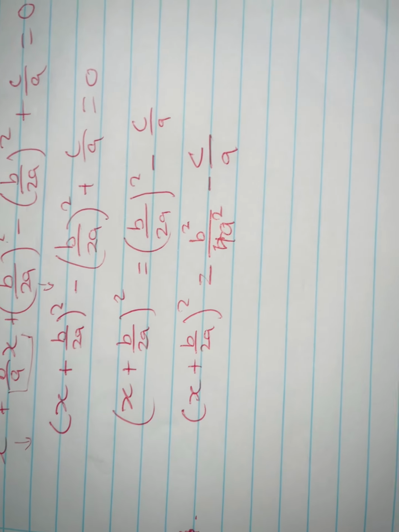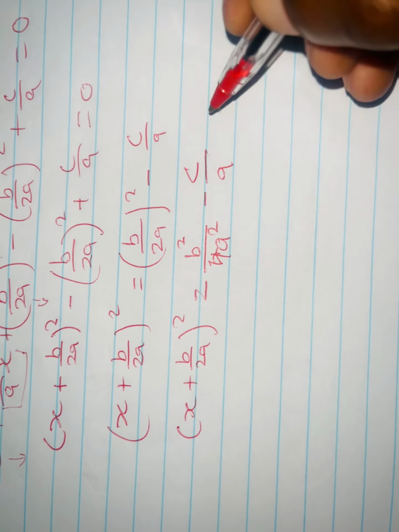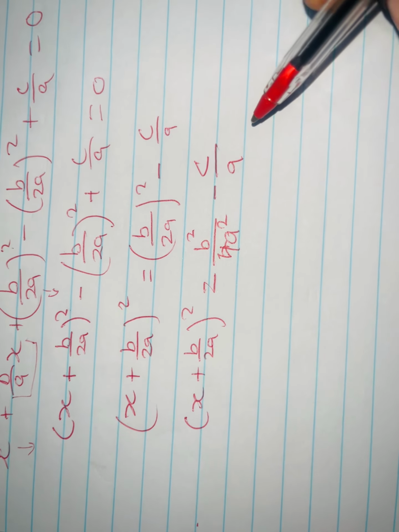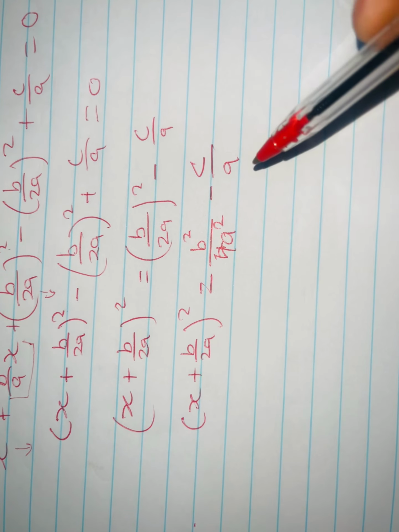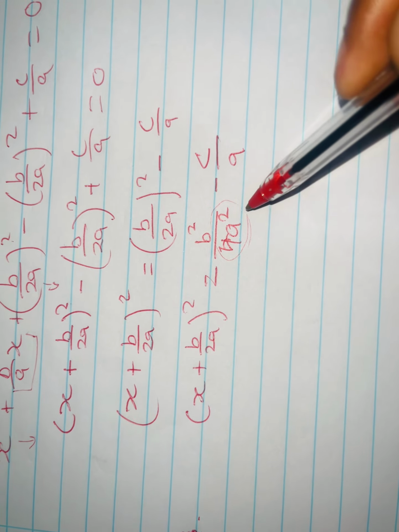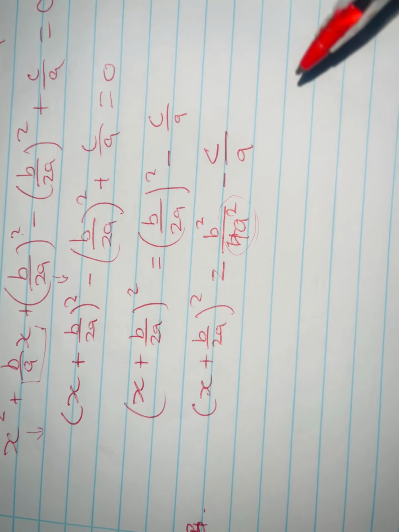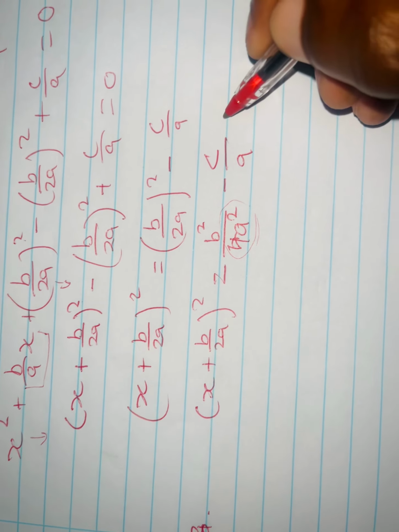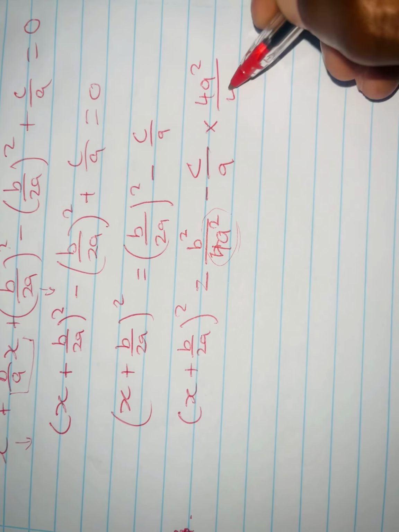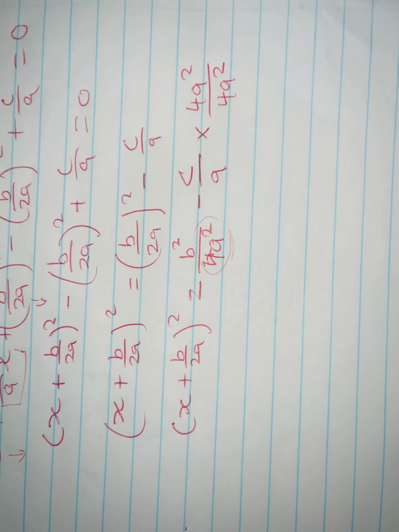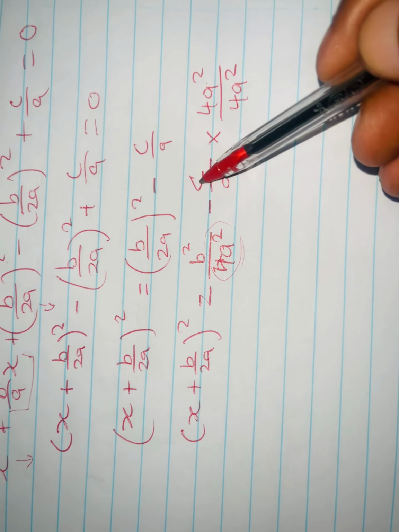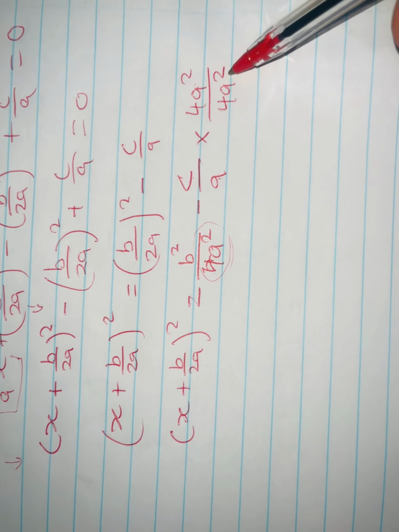Now we're going to multiply by 1, because we want one common denominator. So we're going to be multiplying by 4a squared over 4a squared. When you multiply, you multiply numerator and denominator.